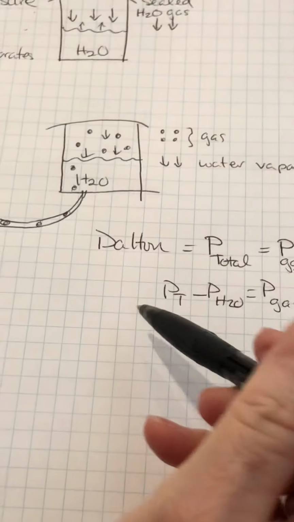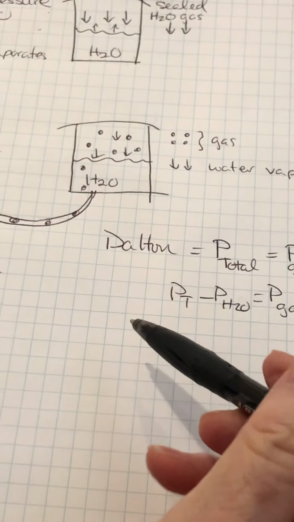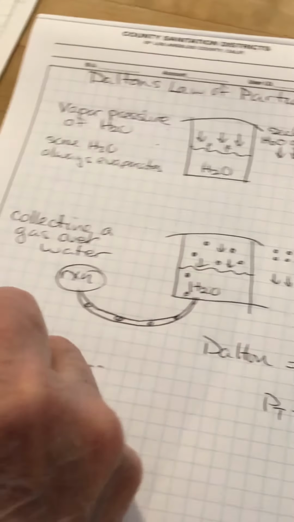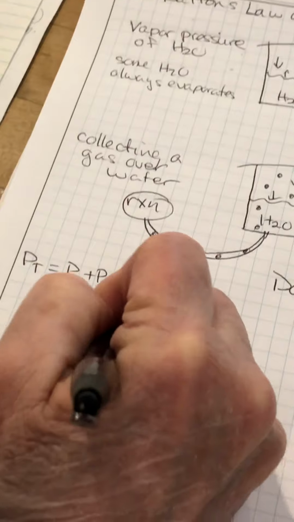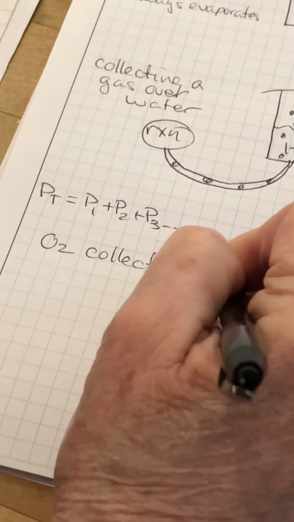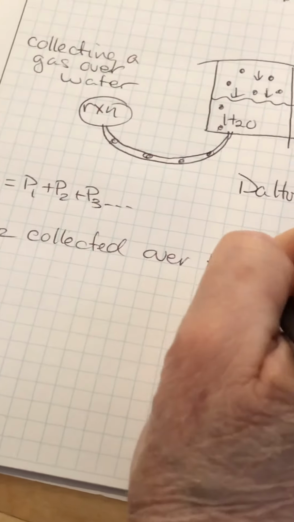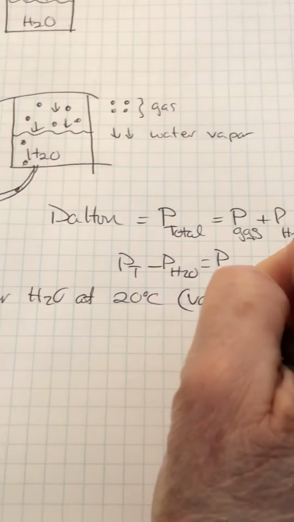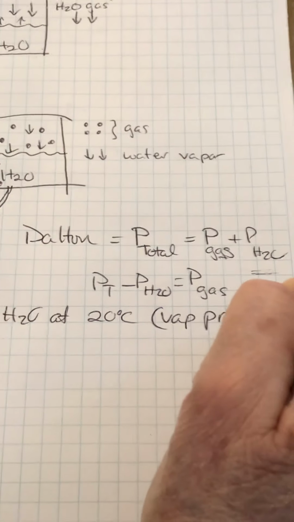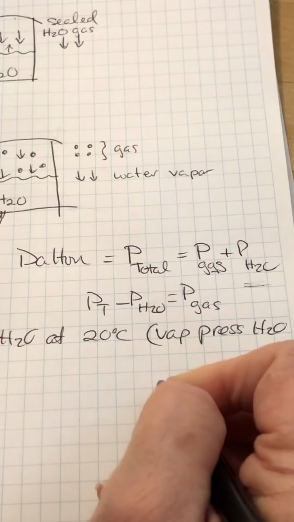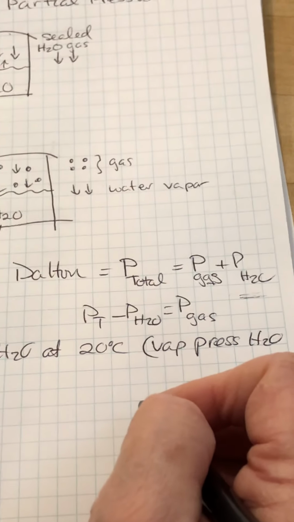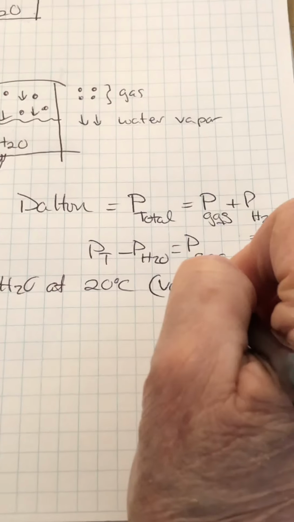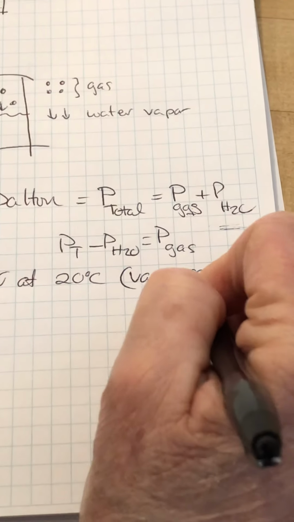To do the pressure of something over water, suppose we have a situation where we have oxygen collected over water at 20 degrees C. The vapor pressure of water at 20 degrees C is 17.5 millimeters of mercury, or torr.